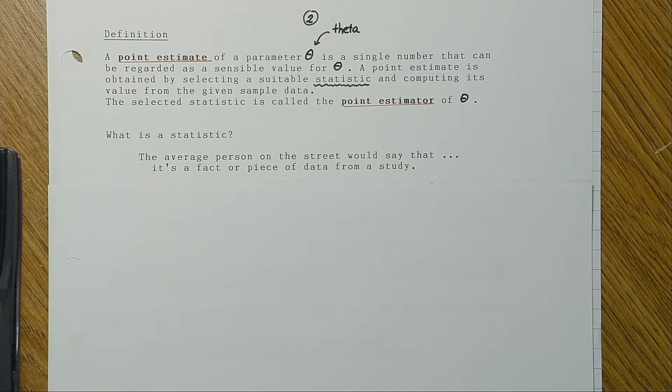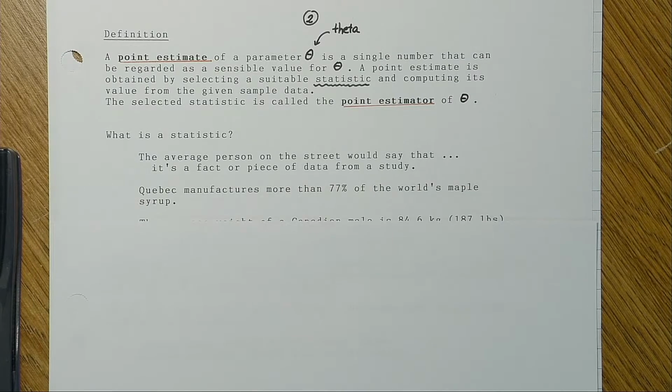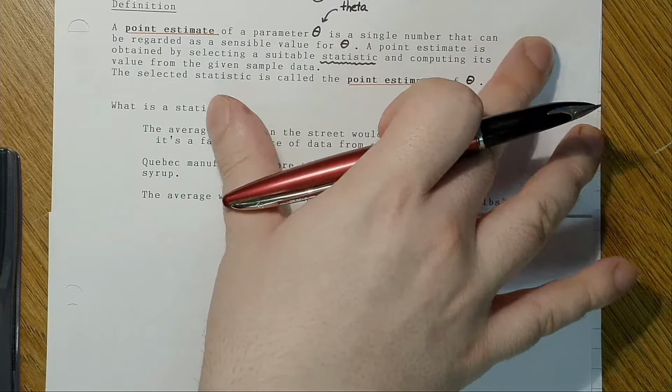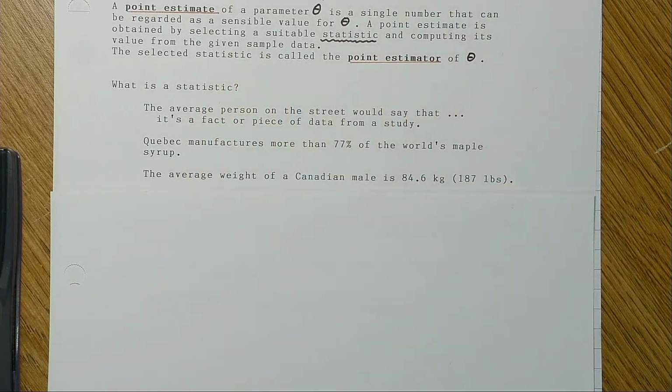The average person on the street would say it's just some fact or some piece of data from a study, you know, that Quebec manufactures 77% of the world's maple syrup, or that the average weight of a Canadian male is like 84 kilograms. But that's not what we mean in math. We are a little bit more precise about it.